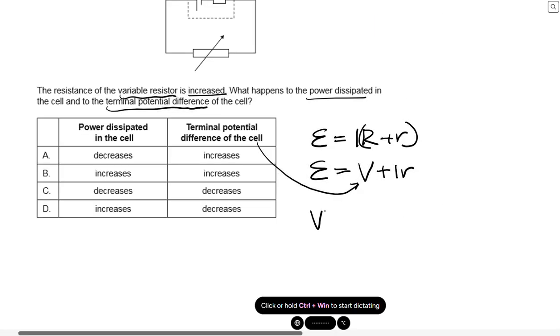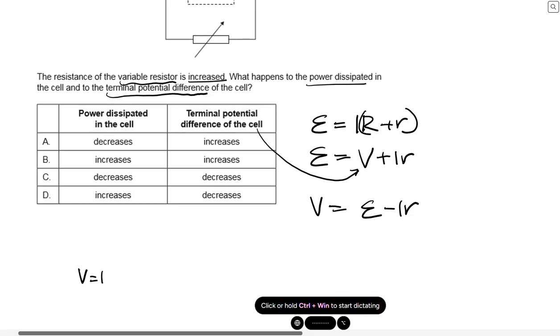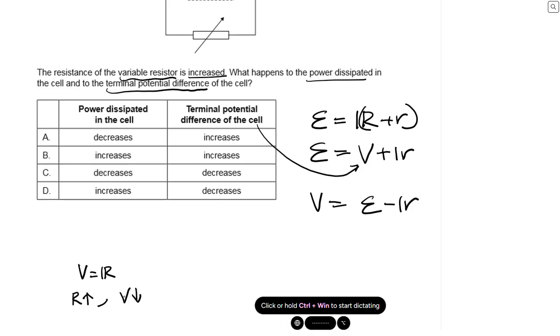Let's reorganize. V is equal to EMF minus Ir. If our resistance increases, then our current decreases. Our EMF is fixed.